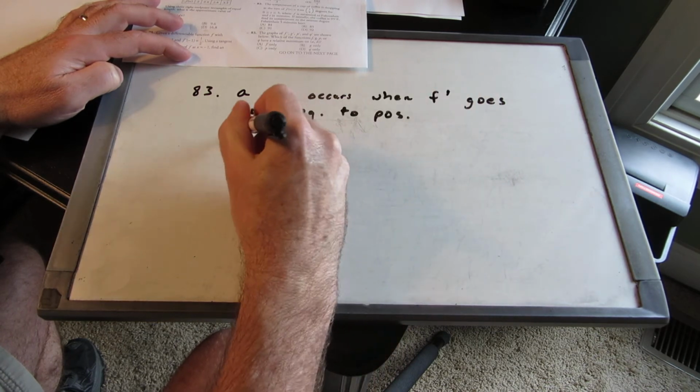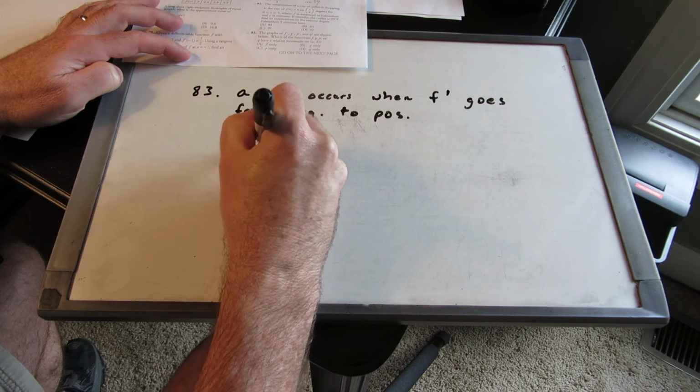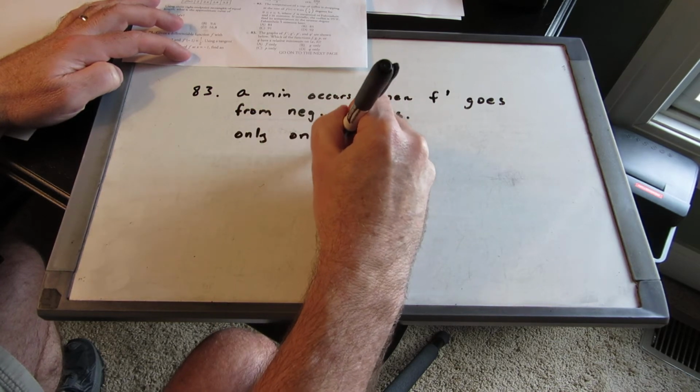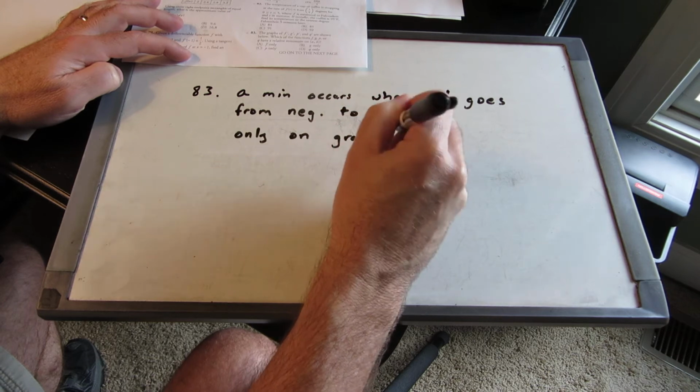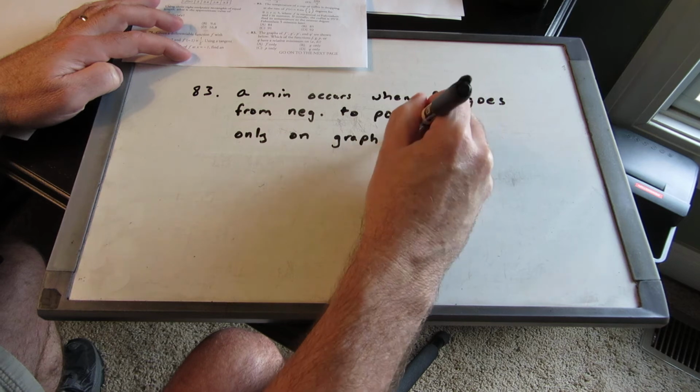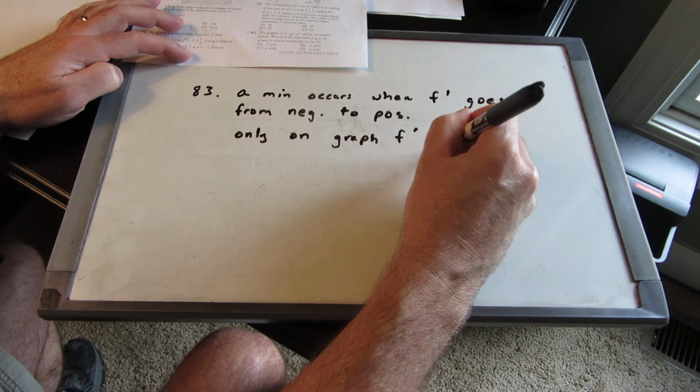So that only occurs on those options on the graph of f. So our f prime, that would be option A.